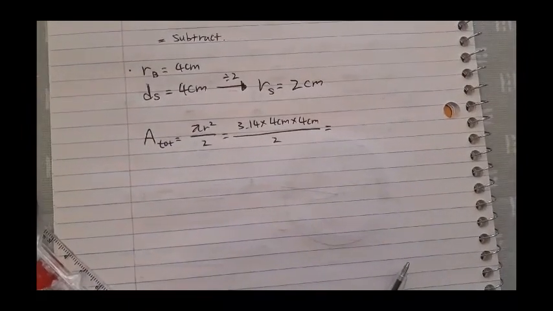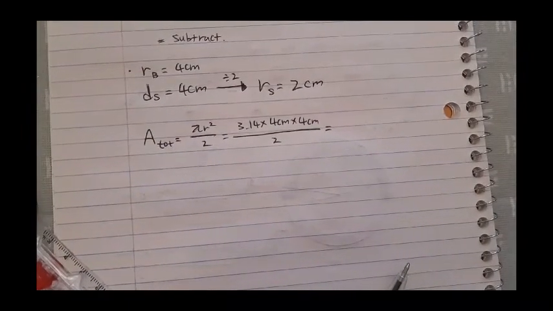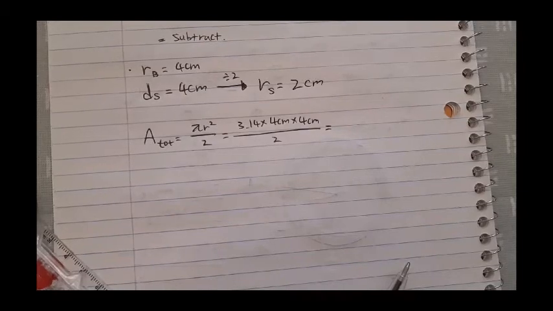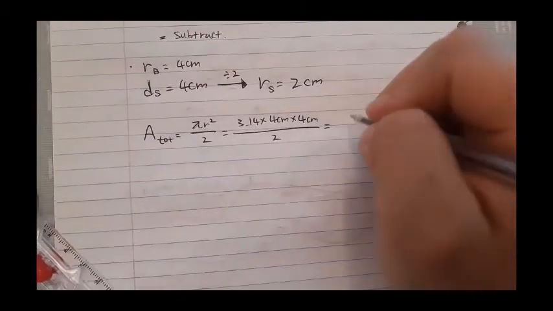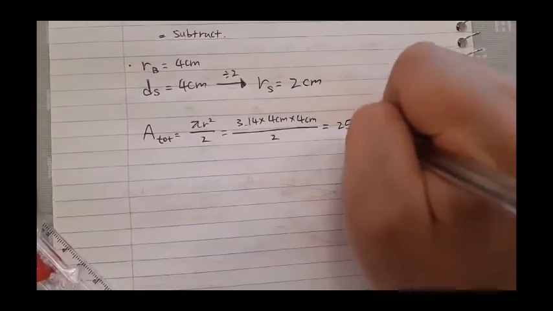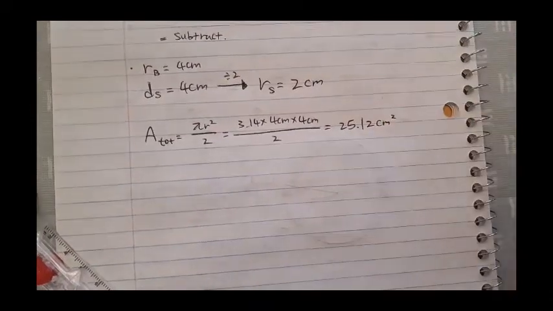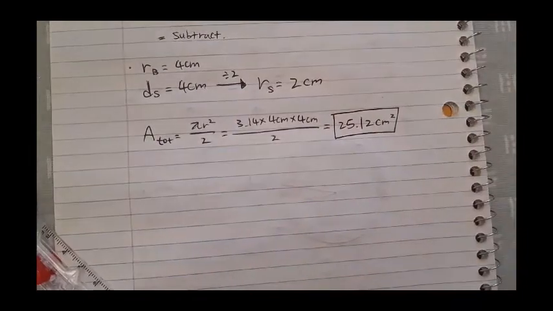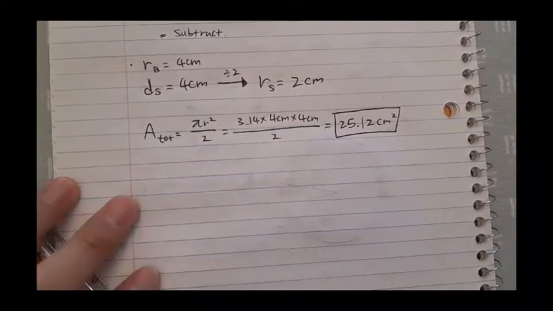Take out your calculator: 3.14 times 4 times 4 divided by 2. You will have 25.12 centimeters squared. That is my total semicircle area.